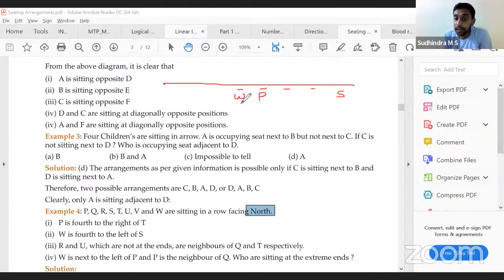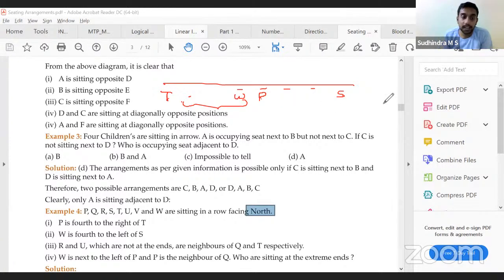Then we can keep P next to W. 1, 2, 3, 4. Who will be here? T. So if we arrange like this, P is sitting fourth right to T, W is sitting fourth left to S. Both the conditions are satisfied?